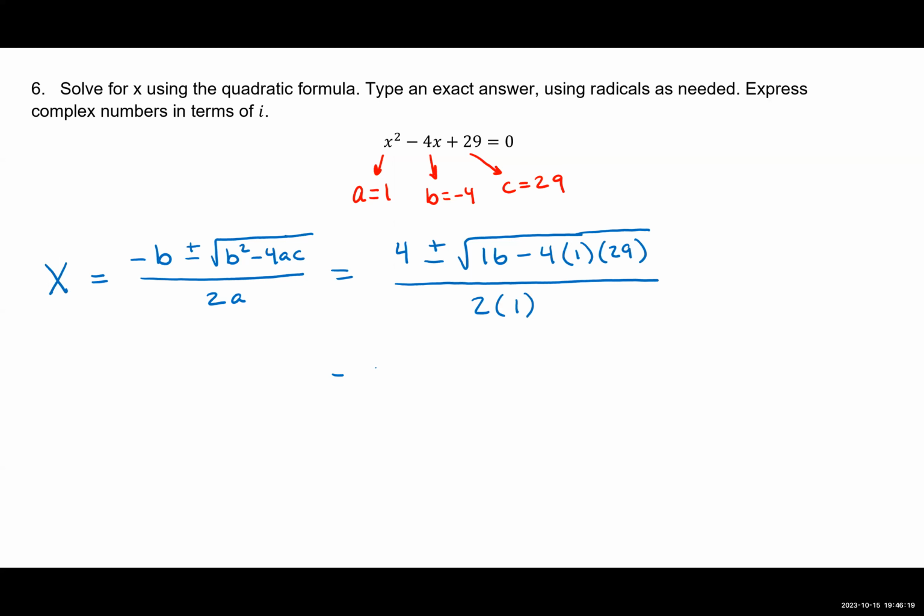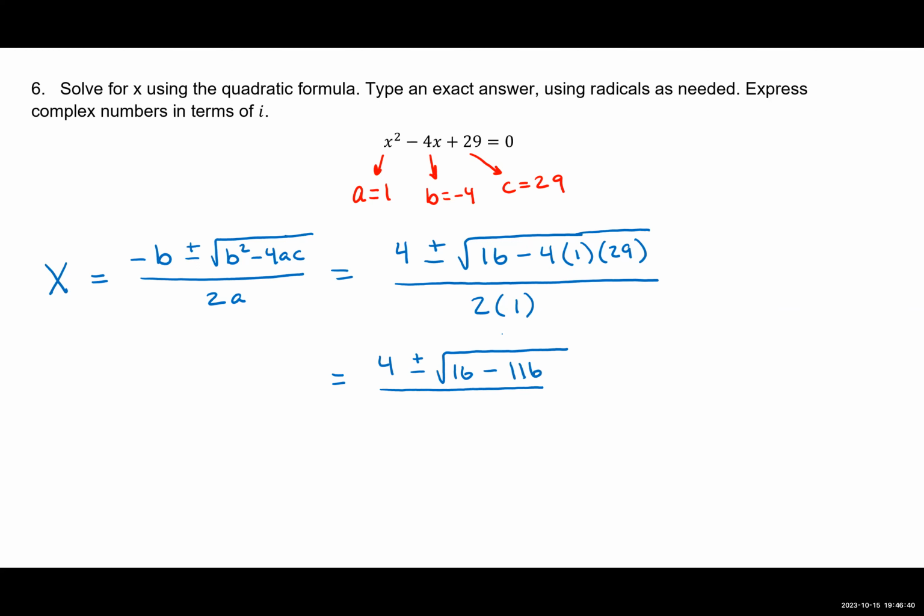So let's see, we've got 4 on the outside, and we've got plus or minus, because two answers, the square root of 16 minus, well, if we take 4 times 1, that's 4, and 4 times 29 is actually 116.